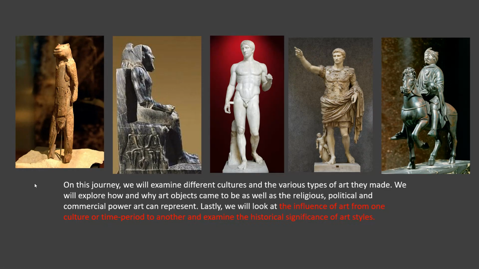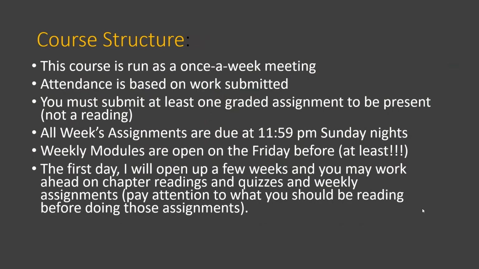Lastly, we're going to look at the influence of art from one culture or time period to another and examine the historical significance of art styles. So how time periods are constantly looking back at how other cultures made things and how they looked and the borrowing of those styles.